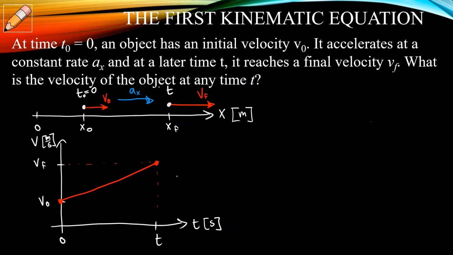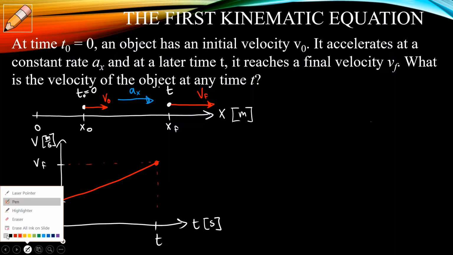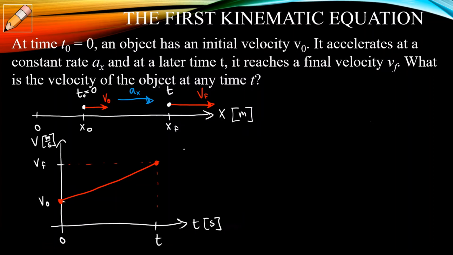And what we can recognize about this equation right off the bat is that if you look at just what the graph looks like, the graph is a line.